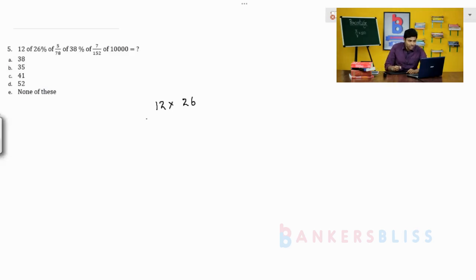So go for traditional method. 26 by 100 into 5 by 78 into 38% means 38 by 100 into 7 by 152 into 10,000 into 10,000. So 2 zeros, 2 zeros, 4 zeros got cancelled.